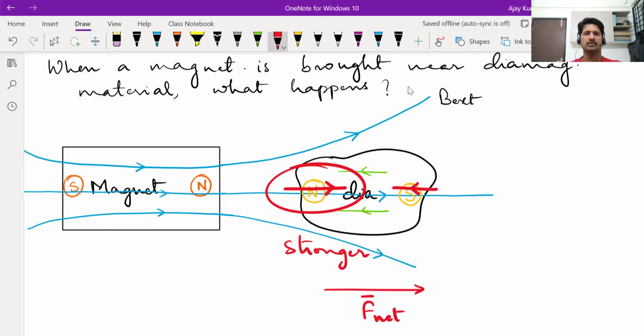Is this clear to all of you? Still any questions? But this repulsion will not be visible to the naked eye. It will be. It is significant. It depends on how heavy the object is. Suppose the substance is too heavy, then the magnetic force may not be able to move it.